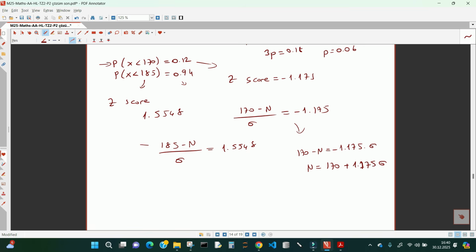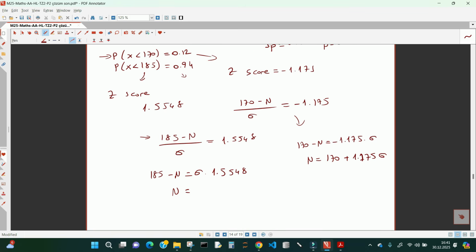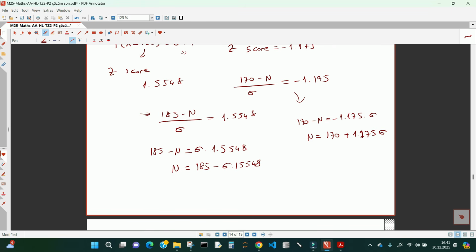And from the other equation, 185 minus nu equals sigma times 1.5548, and nu equals 185 minus sigma times 1.5548. And let's make an equality between these two equations to find sigma first.